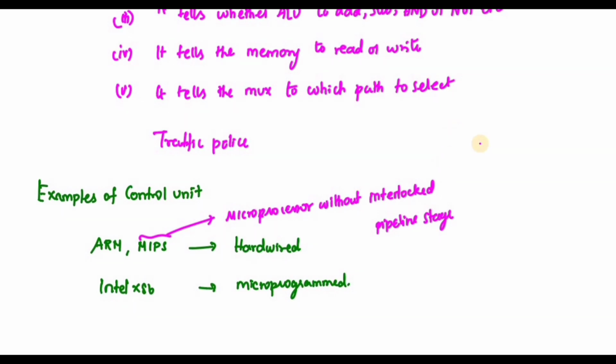What is meant by without interlock is that here we are not using the pipeline stall, so it will be faster, and it is used in RISC instruction set computers.